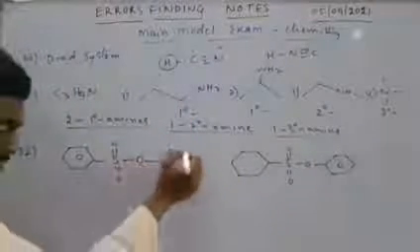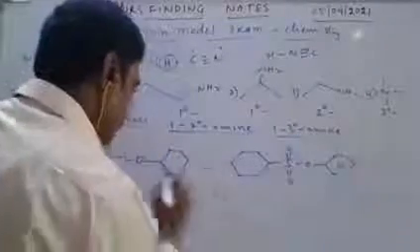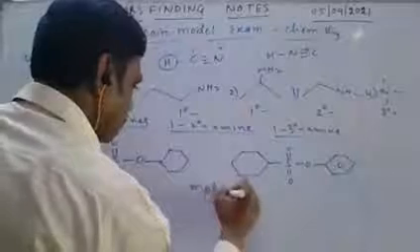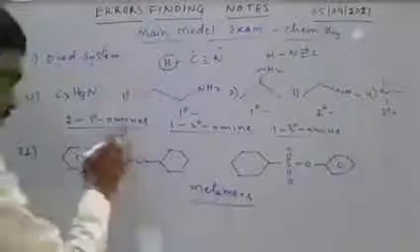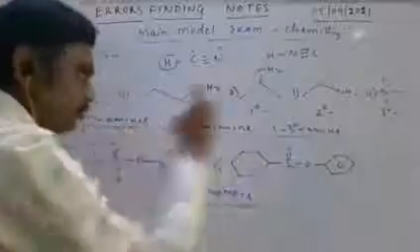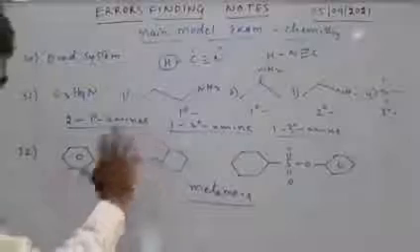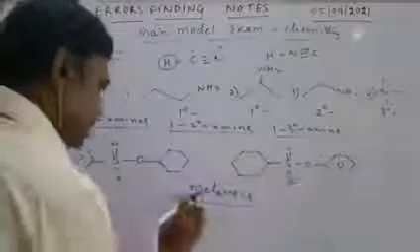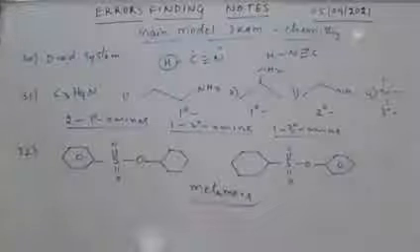Here this oxygen is attached to the cyclohexyl ring. Here this oxygen is attached to the phenyl ring, Nana. These two come under what? Metamers, Nana. Metamers. Here this is a bivalent functional group. Bivalent functional groups, a difference in the attachment of the alkyl groups. That is called metamerism. The compounds are called metamers.